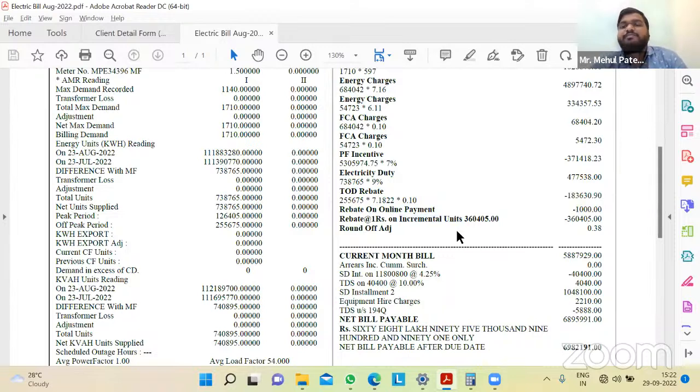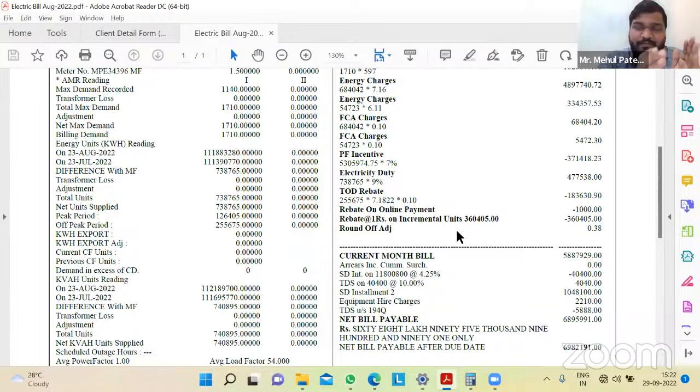What is this? Rebate at rupees 1 on incremental units is nothing but the government actually provides a rebate when you cross the consumption beyond some threshold value. Now, what is this threshold value? They take your 3 years total consumption, average it out monthly.